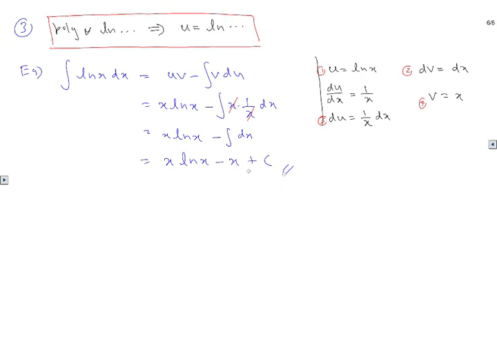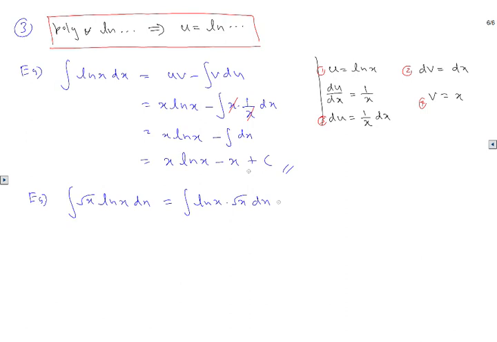Okay, so maybe let's do one more. How about this one? Let's say the integral of x square root ln x dx. According to theory, if we have polynomials and a log function, we pick the ln as the u function. So I'm going to rewrite this as ln x times square root x dx.